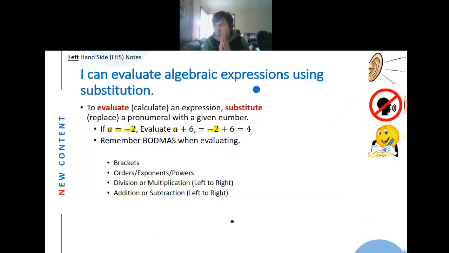So if you are using the green calculator, you probably don't need to worry much about BODMAS, because as long as you put in the expression the right way into the calculator, it will give you the right answer.